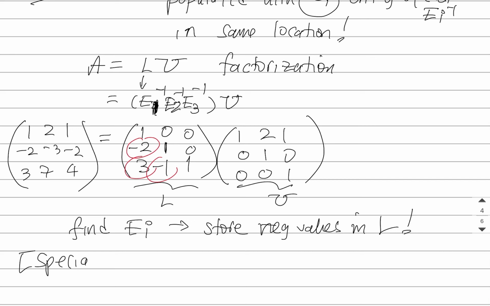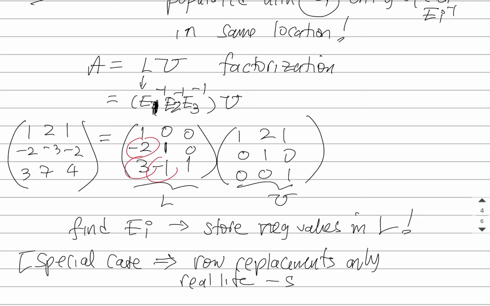Now, this example that I showed you holds, but it's for a very special case, where all we needed to do was row replacements only. In real life, we'll need swaps as well. So I won't get into the details of how you do it with swaps, but this special case sets the ground.